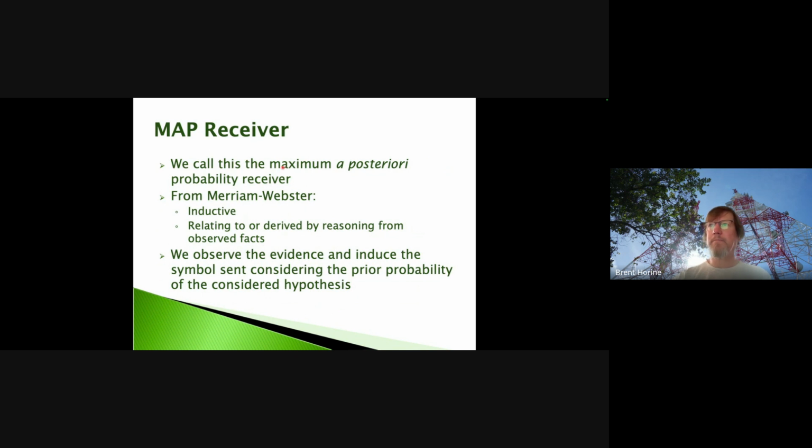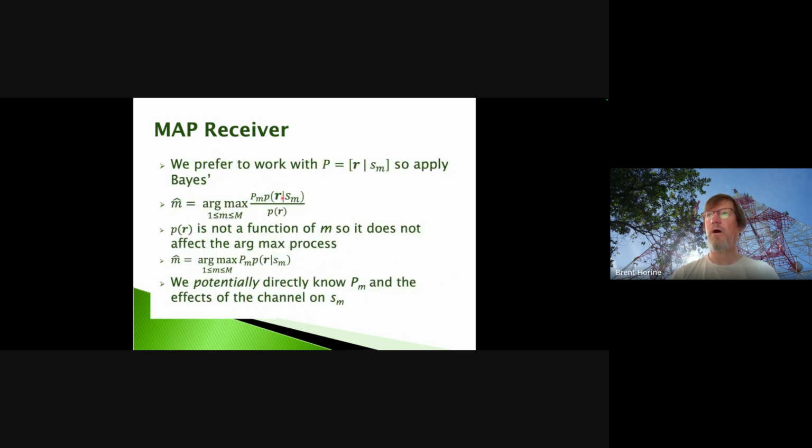So we call this the maximum a posteriori probability receiver. I have no idea if I'm pronouncing that right. I've struggled with that my whole career, but it's Latin. If you look it up in some dictionary like Merriam-Webster, you'll see that it's inductive type reasoning relating to or derived by reasoning from observed facts. So what we're doing is we're observing this R, right? That's our observed facts.